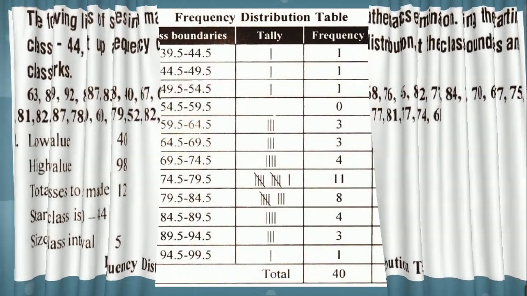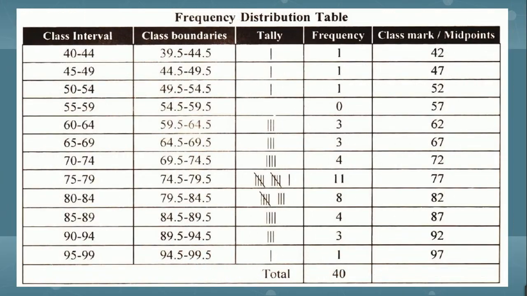Now this is the frequency distribution table. In our first column we will write the class intervals. First class is given 40 to 44, its size is 5. We know that the size of each class will be the same, so we will write the next class with the same size.